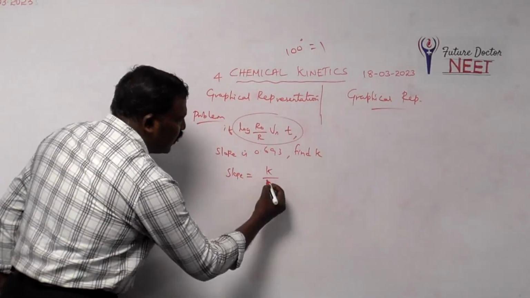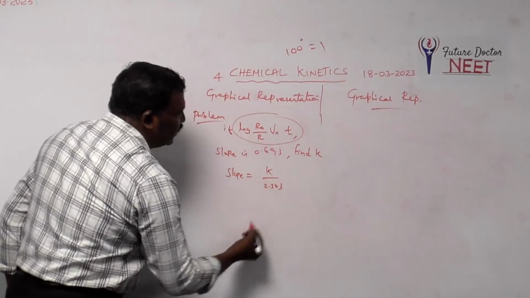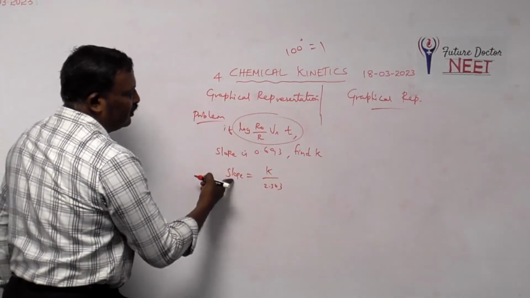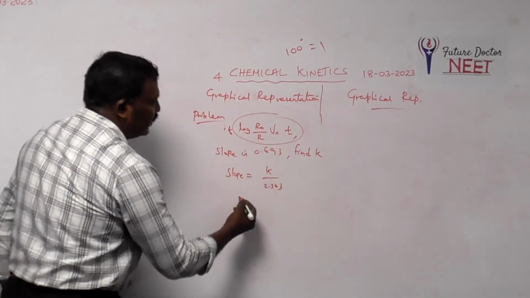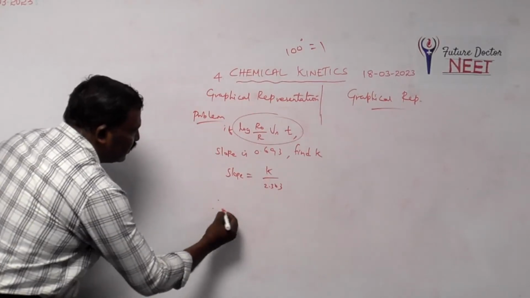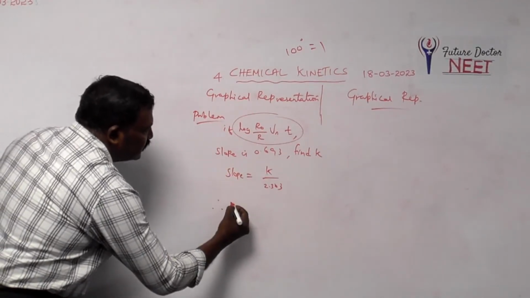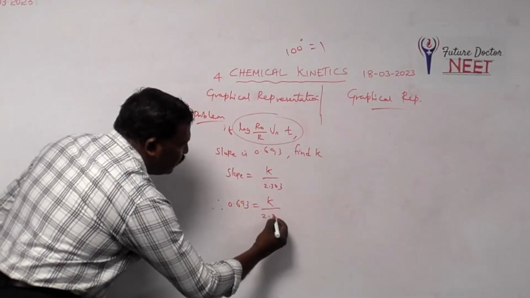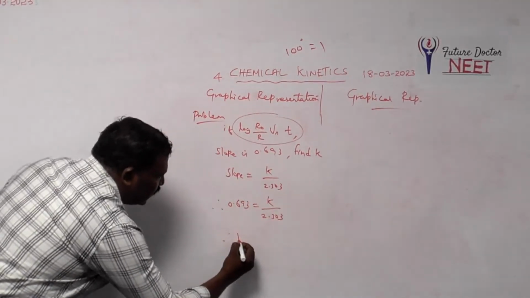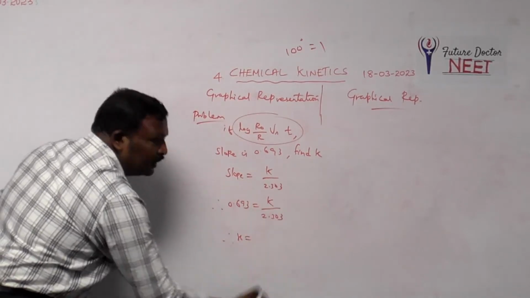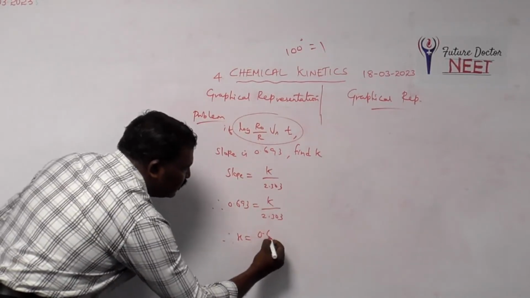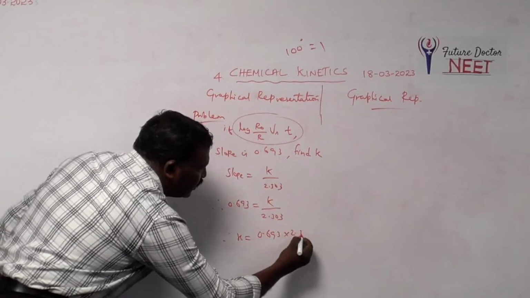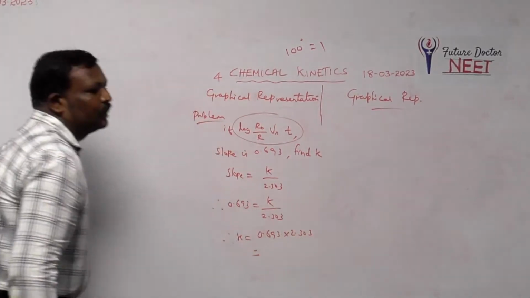The slope is given now, we have to find the k value. Therefore 0.693 is equal to k by 2.303. Therefore k is what? Multiply, you can get the answer. Understood? Just write.